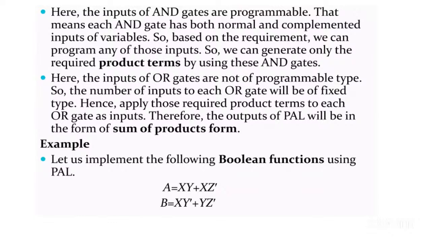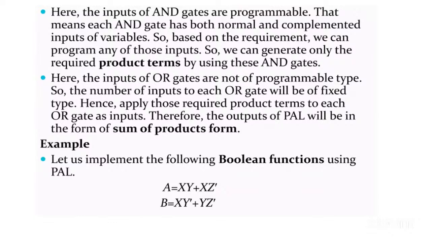Here, the inputs of the OR gates are not of programmable type, so the number of inputs to each OR gate will be fixed. Hence, we apply those required product terms to each OR gate as inputs. Therefore, the outputs of PAL will be in the sum of products form.